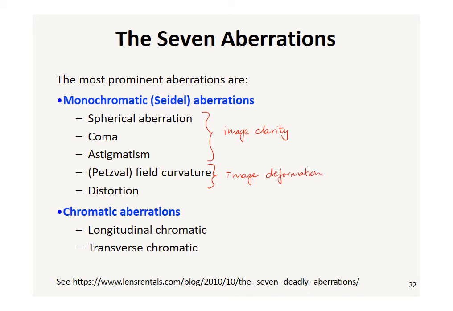Finally, we have the chromatic aberrations, which are related not to the paraxial ray approximation, but to our assumption that the refractive index is not a function of wavelength, it's a constant.